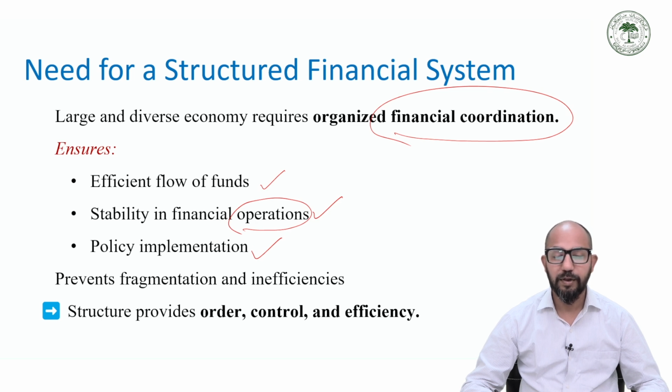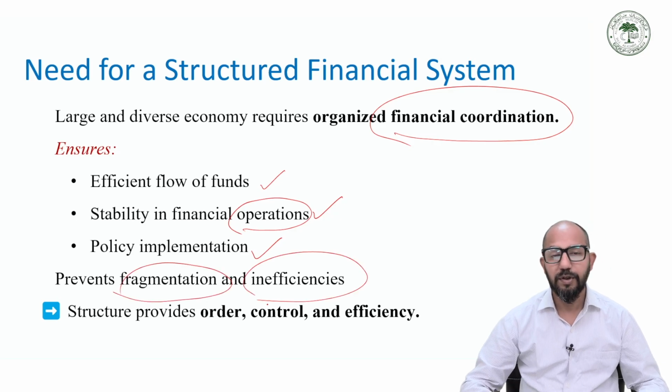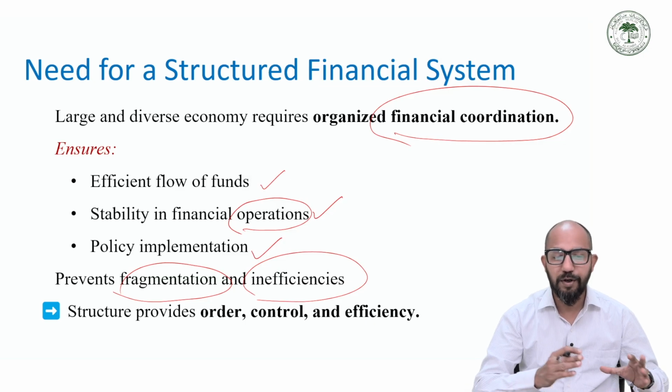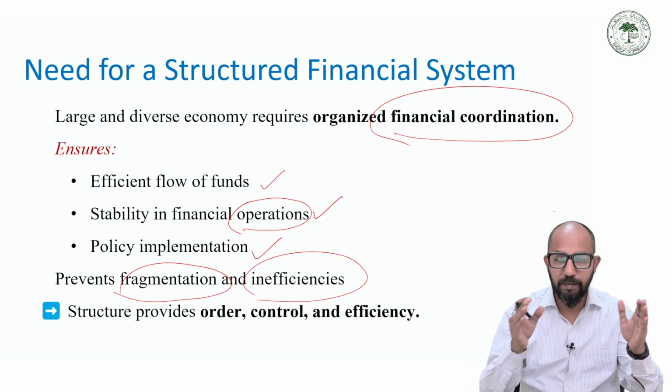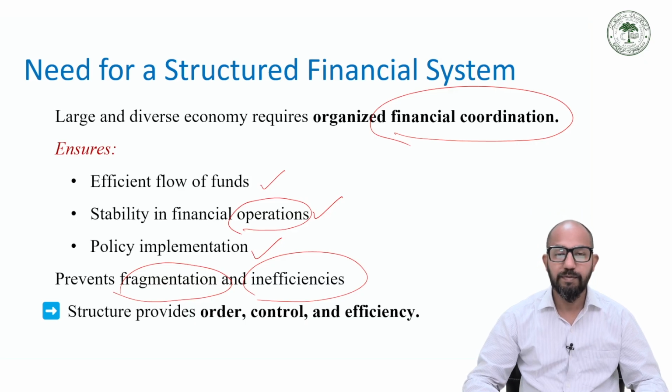A structured financial system thus prevents fragmentation and inefficiencies in the economy, and if we are able to curtail these two things, that is fragmentation of the funds and inefficiencies in the investment, then a lot of panic and crisis can be mitigated in the economy.